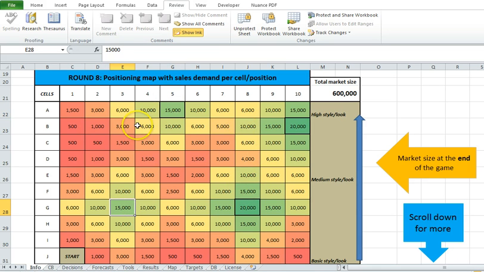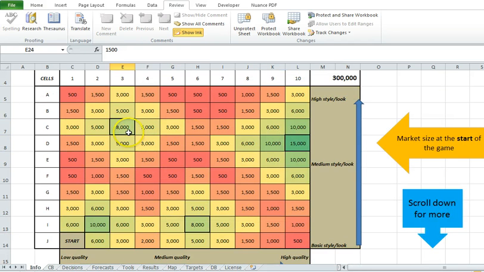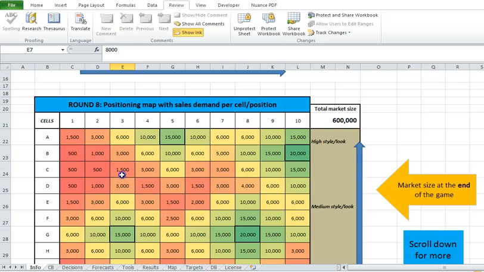So we have cells that are growing because the overall market is growing, but they are also growing because they are the new centers of the segment. But we also have particular cells that decline. Obviously this one, C3, starts the game at 8,000, finishes the game there.